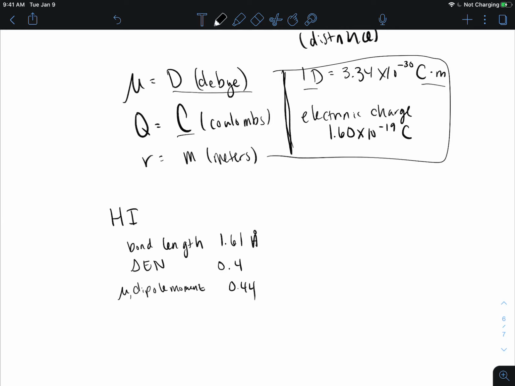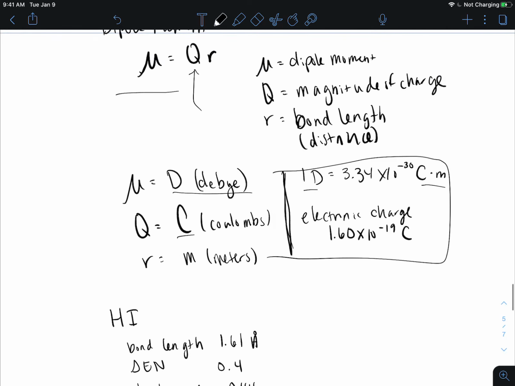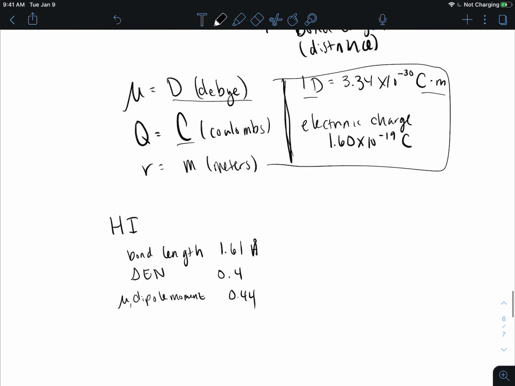We can figure out the charge on both of our species by using this equation. So we want to go ahead and put our angstroms into meters. Remember that 1 angstrom is equal to 1 times 10 to the negative 10 meters. So this will be equal to 1.61 times 10 to the negative 10 meters. And then we want to put our dipole moment from debyes into coulombs.